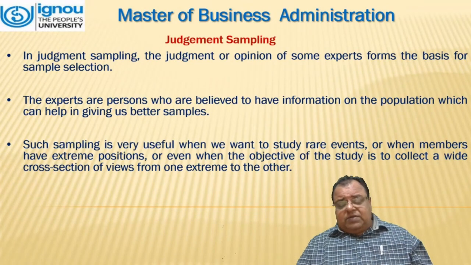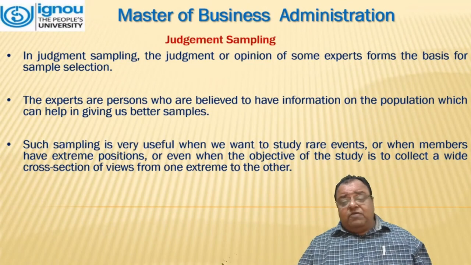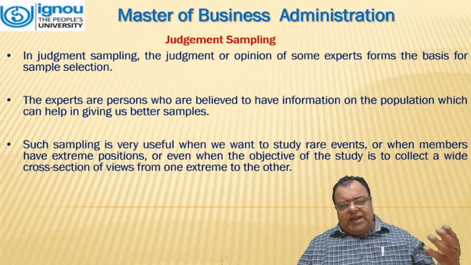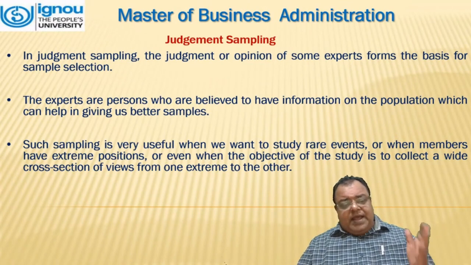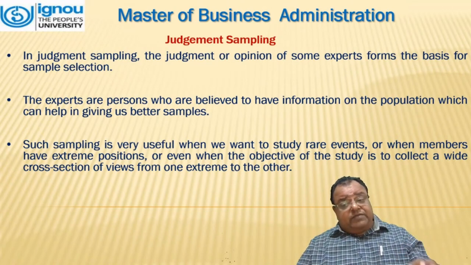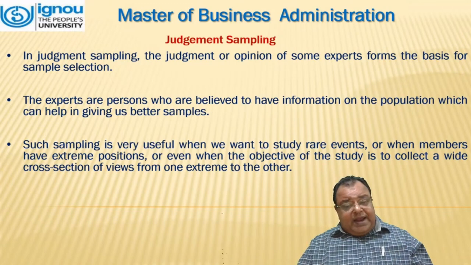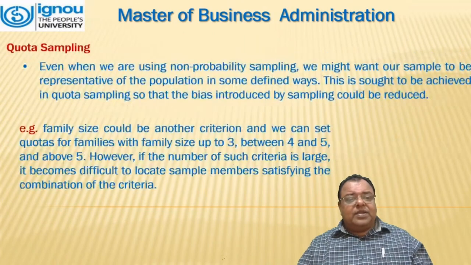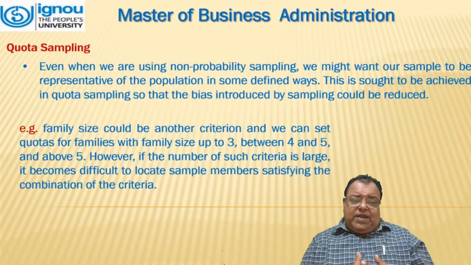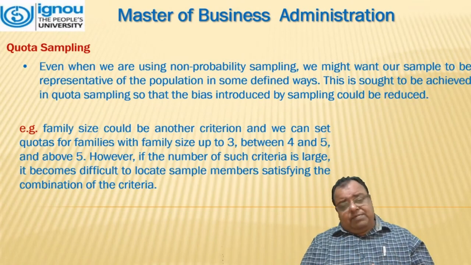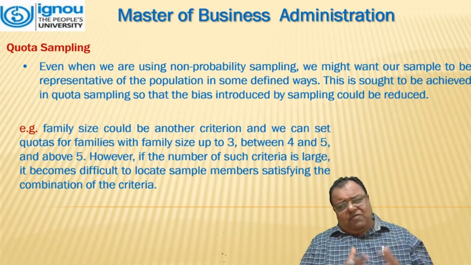Such a sample is very useful when we want to study rare events or when members have extreme positions, or even when the objective of the study is to collect a wide cross-section of views from one extreme to the other.